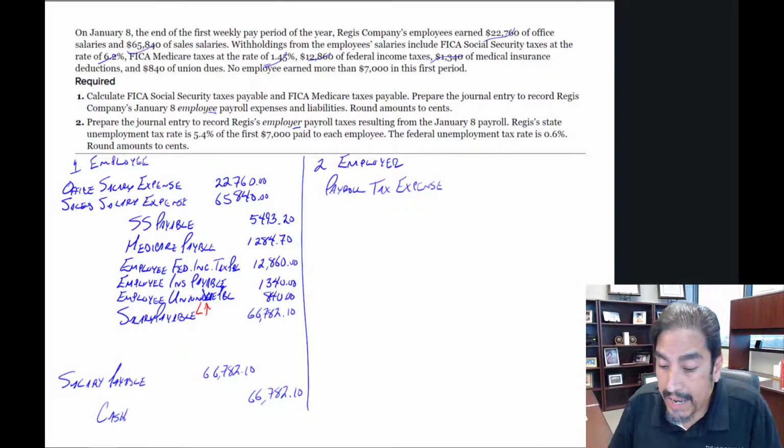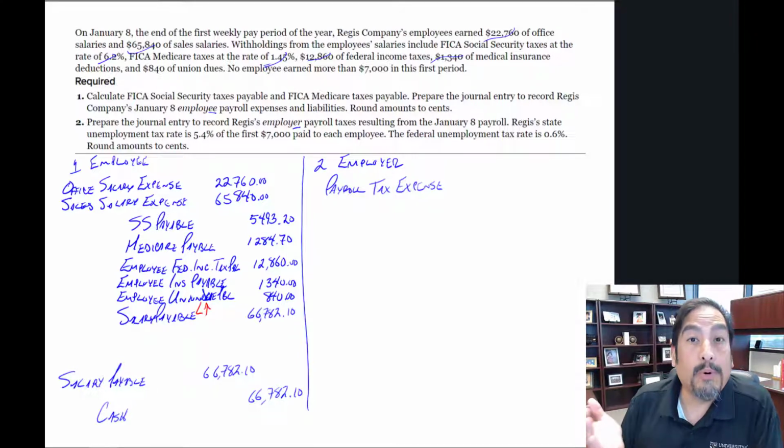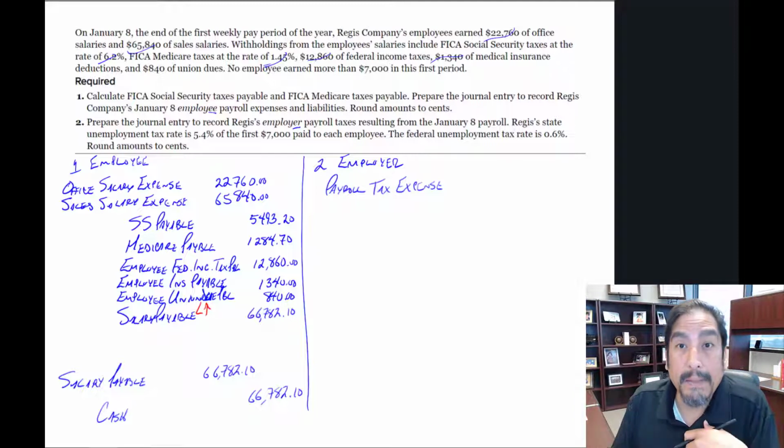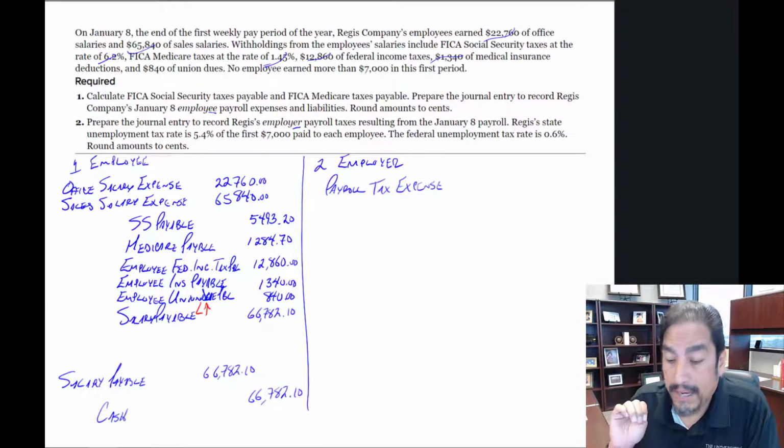So now let's handle the pieces for what the employer has to pay in taxes. When you get a problem like this that's asking for both the employee piece and then the employer piece, it's kind of nice because there's only 4 pieces that we have to handle on the employer side.